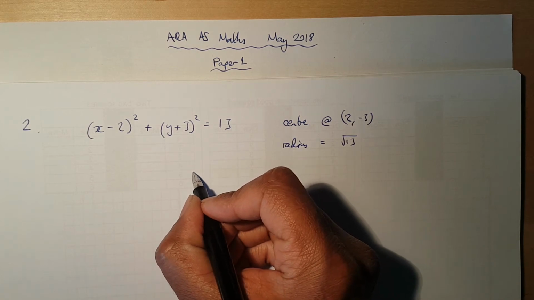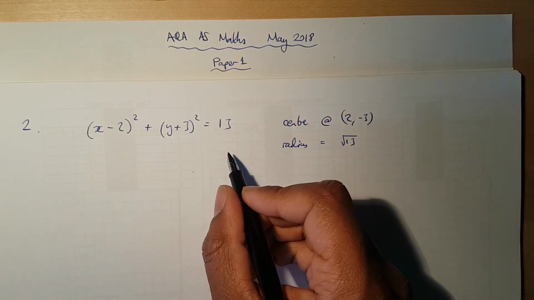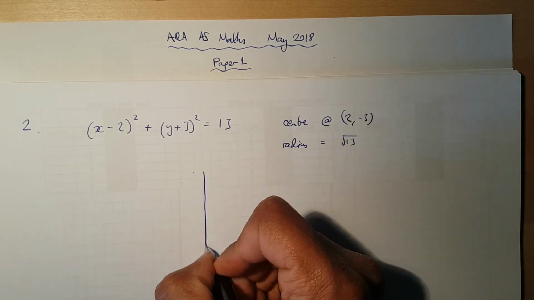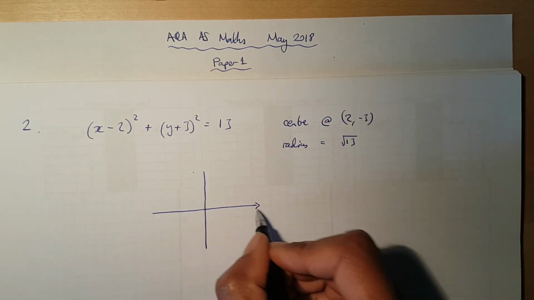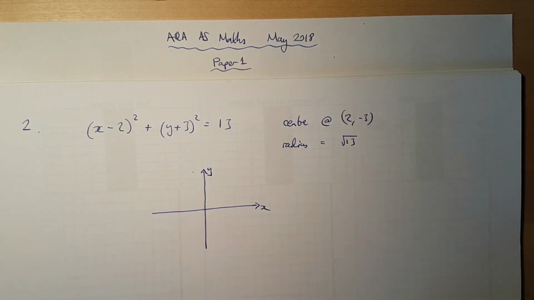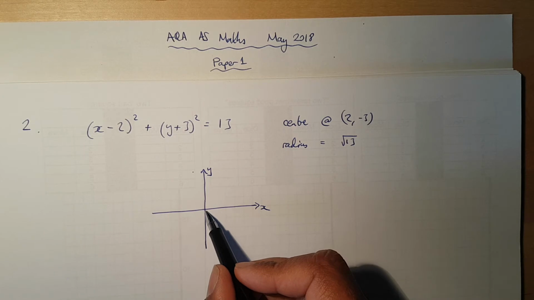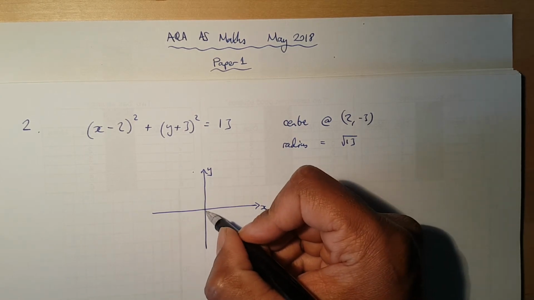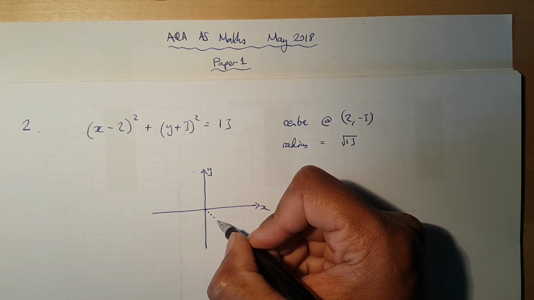So I've got some circle. (2, −3) is down here somewhere. If I sketch a graph of it, let's call that y, let's call that x, and see what happens when I sketch a circle. (2, −3) is down here somewhere, and root 13 will be that distance there.